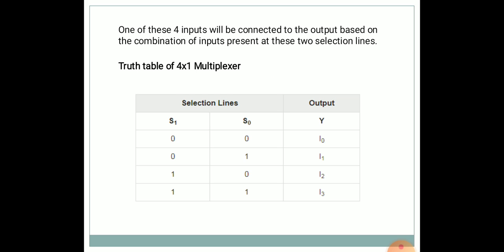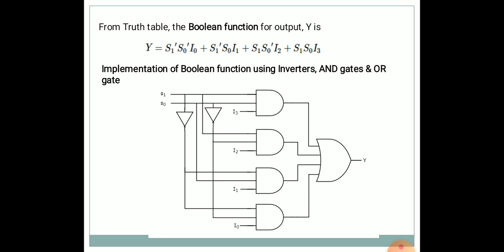The values of S1 and S0 both are 0, so in the Boolean function we take it as S1 dash. We know S1 dash denotes the inversion of S1, and S0 dash the inversion of S0. That means both S1 and S0 are 0 at first.